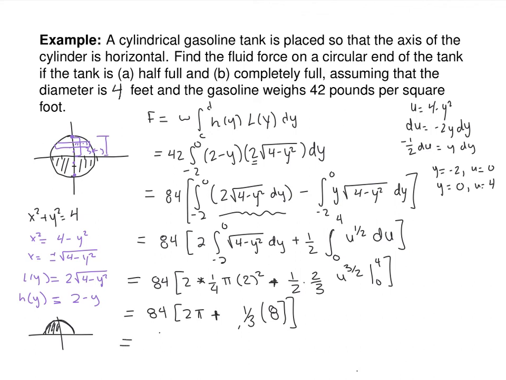So distributing, we have 168 pi plus 84 times 8 over 3. And believe it or not, 3 actually goes into 84 evenly, 28 times. So 28 times 8 will be 224. So your final answer is 168 pi plus 224 pounds.